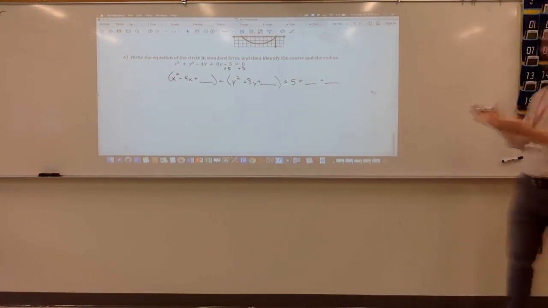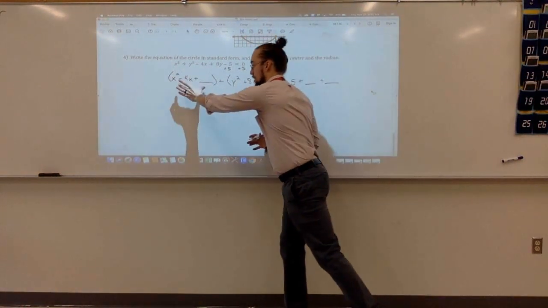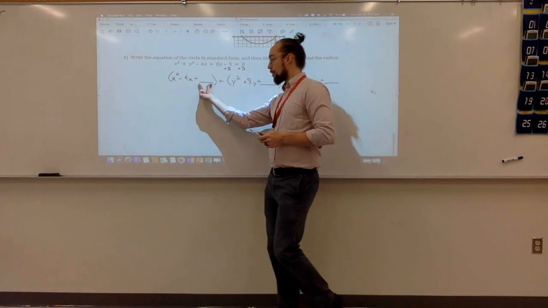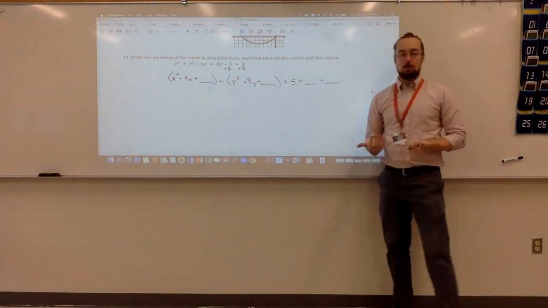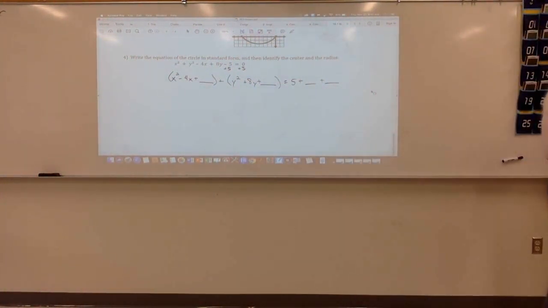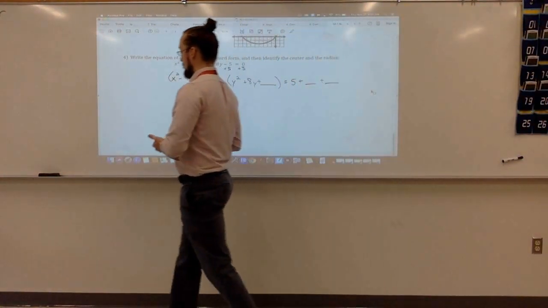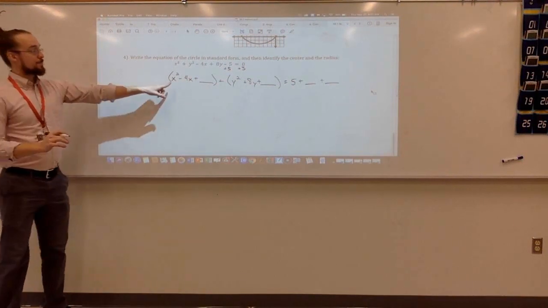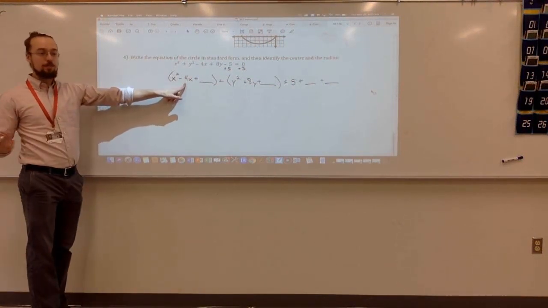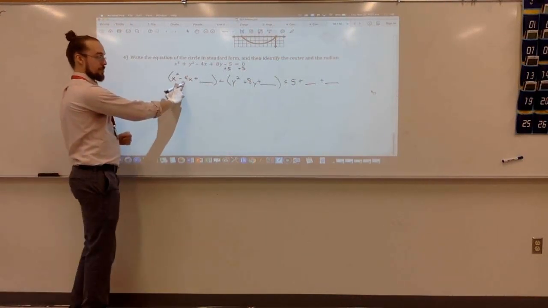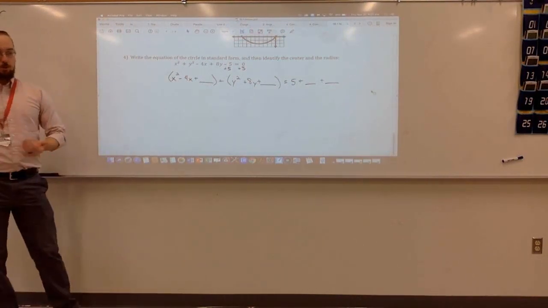Okay, so we're just collecting our x's, collecting our y's, and then to complete the square, we're going to set it up as adding a blank to both of those. To complete the square, we're going to take half of our b value and square it. So in this case, half of negative 4 is negative 2.